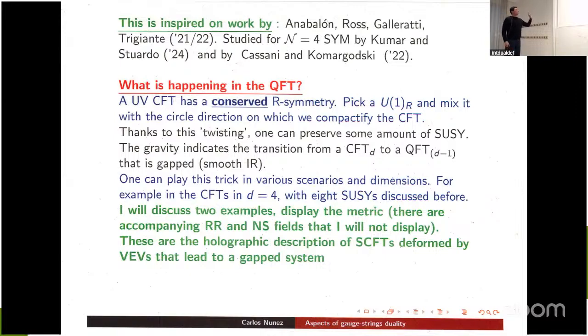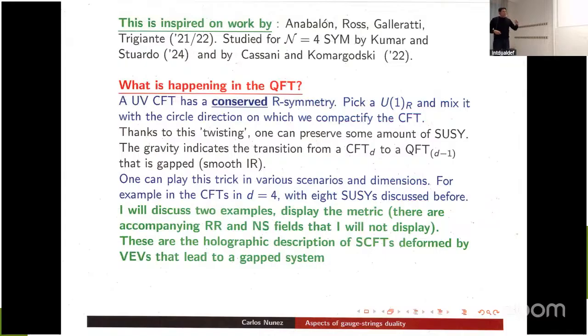I repeat, what's happening in the quantum field theory is that a UV CFT with a conserved R symmetry, and I am emphasizing conserved because it might come up later in the seminar, one is picking a U(1) inside that R symmetry, mixing it with the direction on which we compactify the theory, the circle direction, and thanks to this mixing, thanks to this twisting, some amount of supersymmetry is preserved.